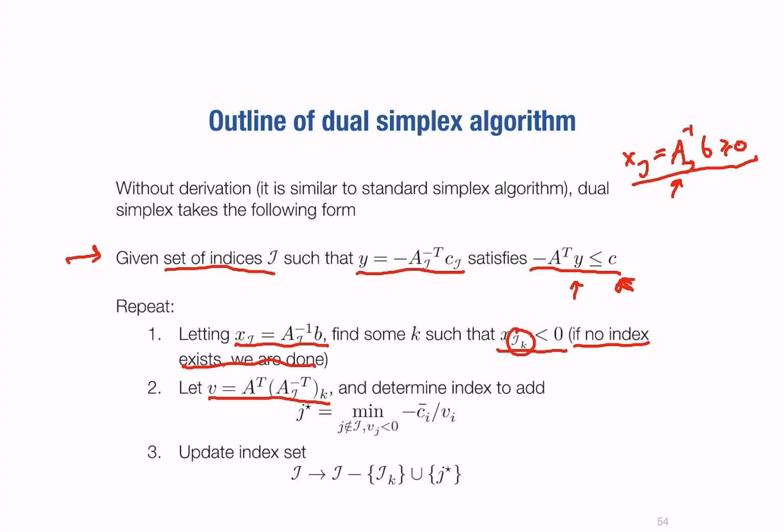Of all the indices that are not in script J, find the v defined by this that is less than or equal to 0, and find the minimum one such that this term is minimized over all these things. This is exactly equal to finding the minimal step size that will add a new element to the basis, and then we update our index set or our basis in this form. The details here are not important.